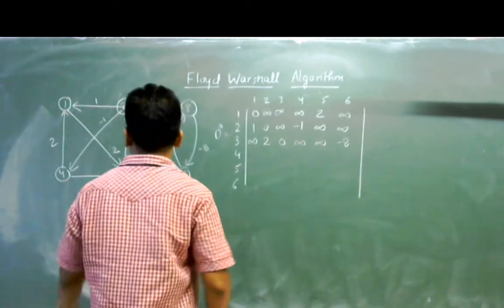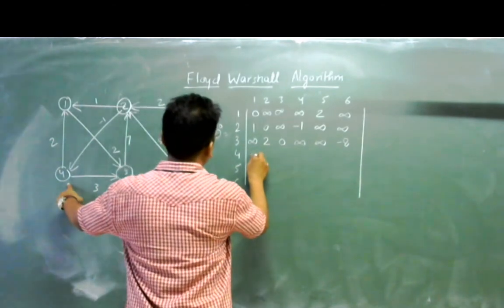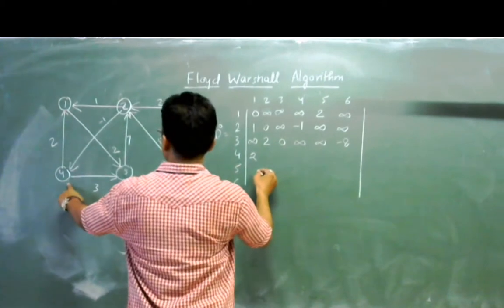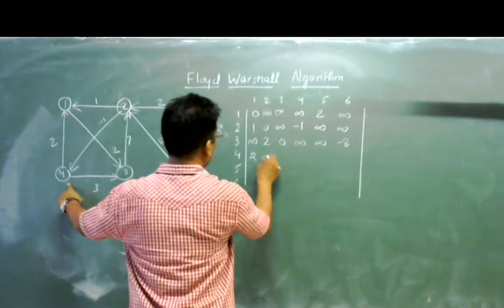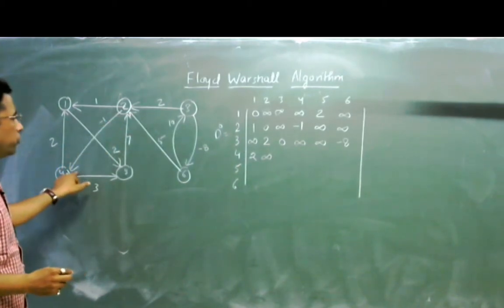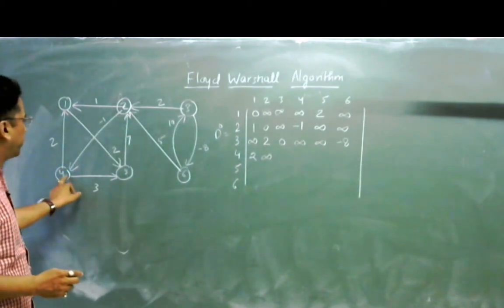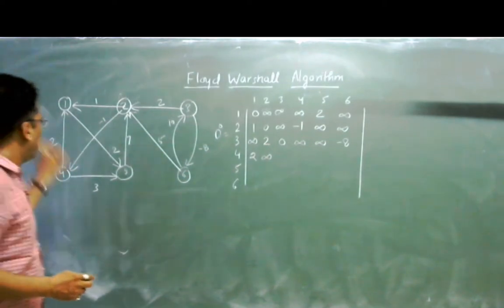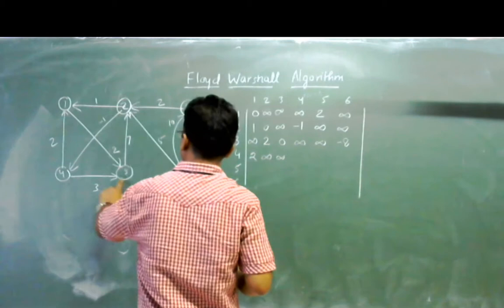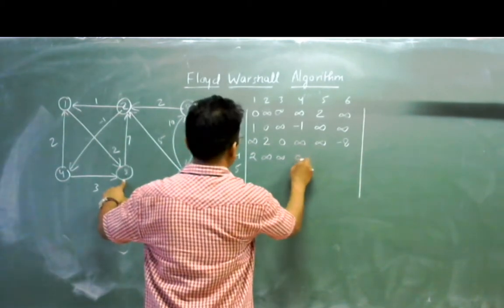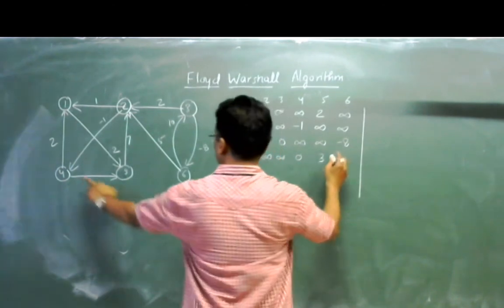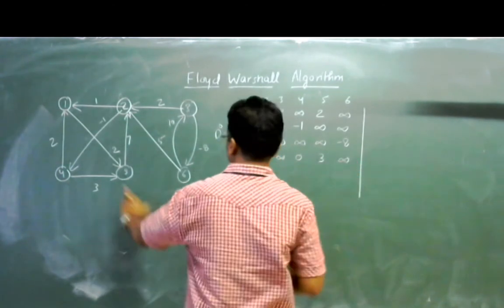Similarly, node number 4 is connected to 1 by distance of 2, and not connected to 2 directly, because this is a directed graph, so we cannot move from 4 to 2. 4 to 3 infinity. 4 to 4 is 0. 4 to 5 is 3, and 4 to 6 not connected.